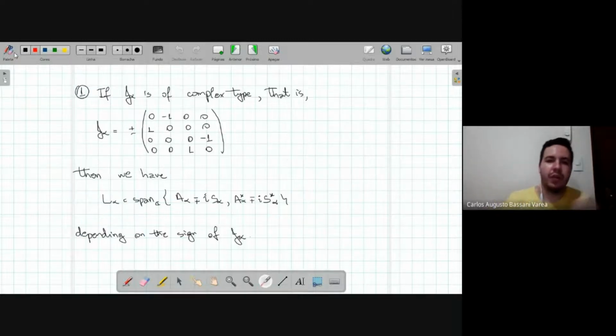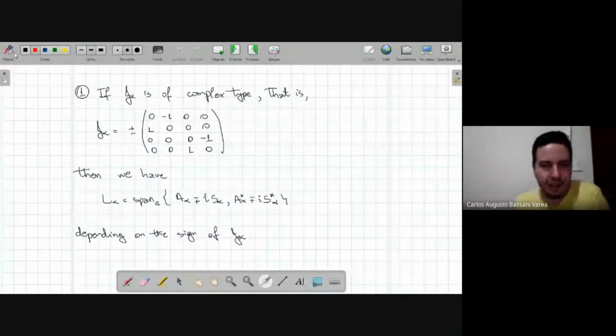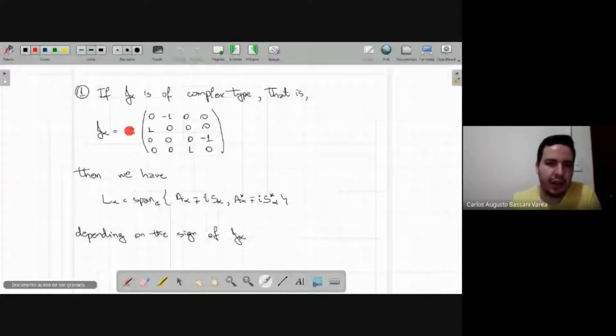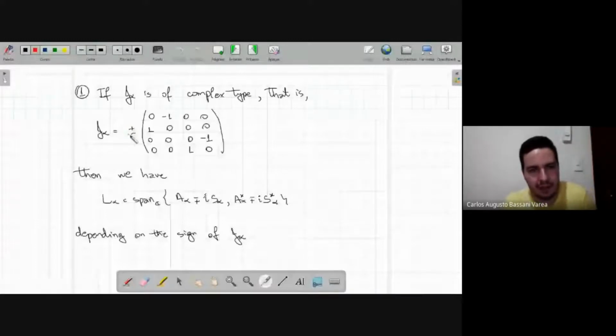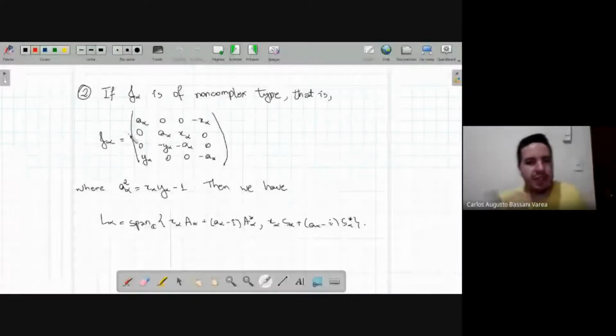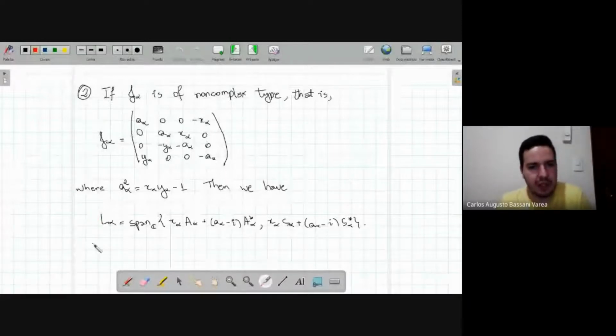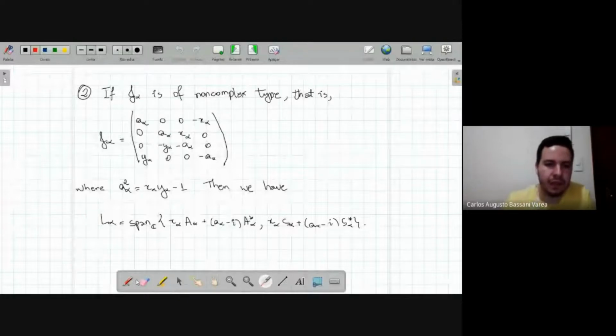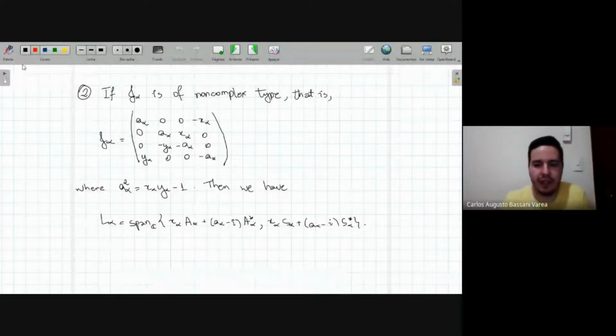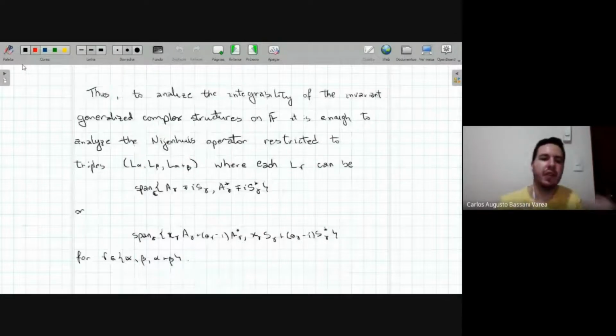When we consider the complex type and you compute the eigenspace, just normal computations as we see in linear algebra, we obtain this space here, plus or minus depending on the sign of the structure of complex type. And when we consider the non-complex type, we obtain this expression for the eigenspace. So this is the expression for the eigenspace of the complex type or the non-complex type.